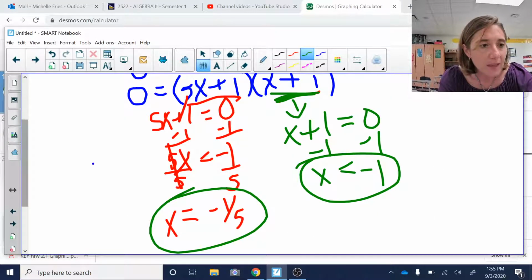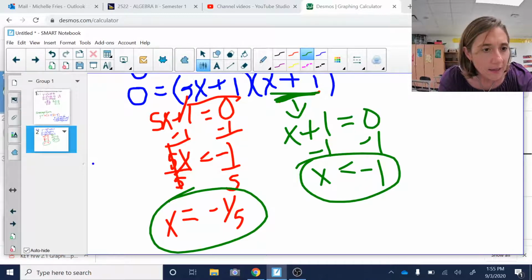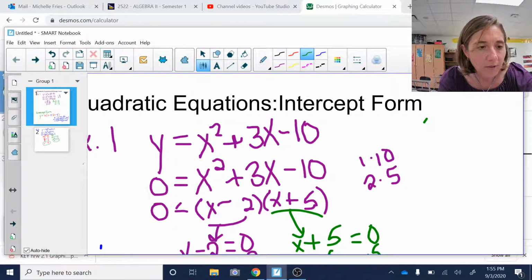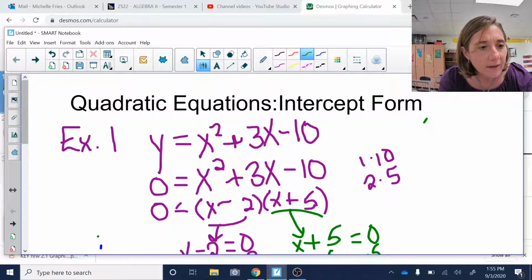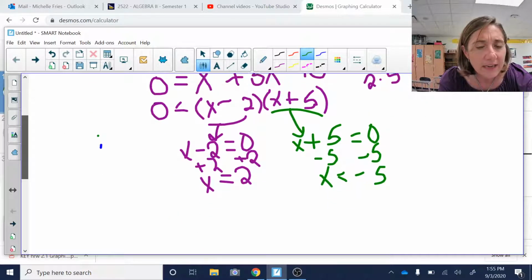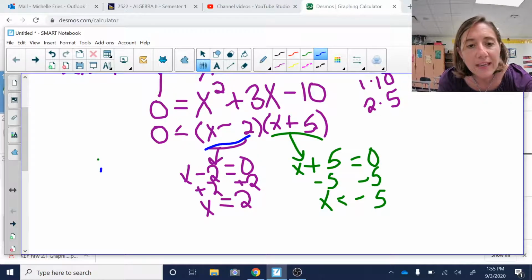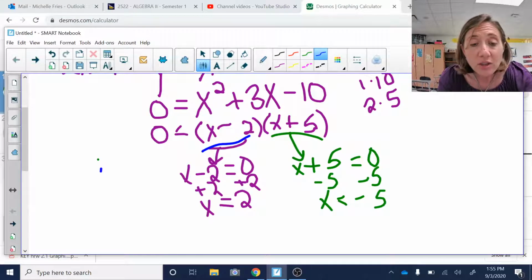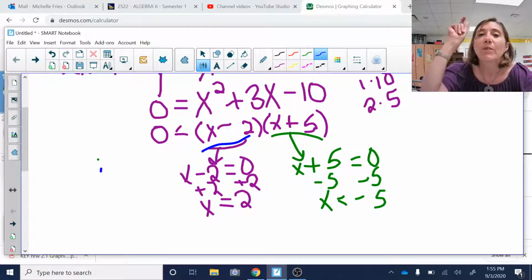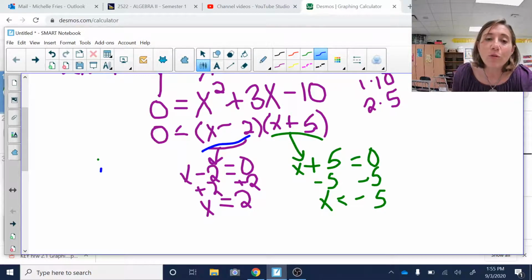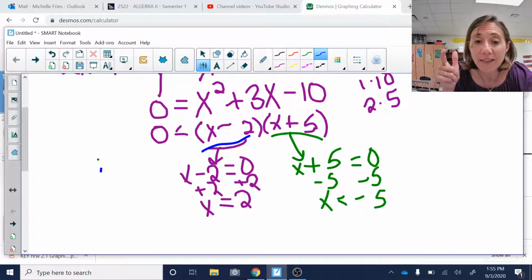Now, on this last problem that we had here, it was very convenient when we looked at this x minus 2 piece right here to be able to just look and see x minus 2. That's the root that we're going to have. That's the solution. It was really nice to have the x minus set up and be able to just identify the 2.